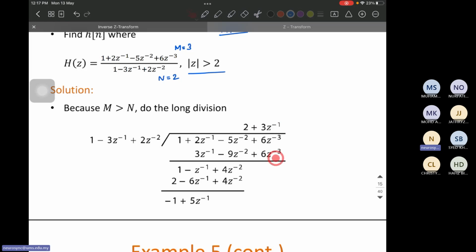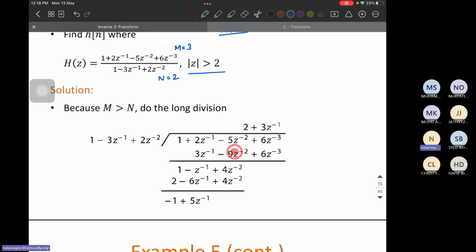This is 6 z to the power minus 3, then minus 3 times 3 is minus 9 z to the power minus 2, and this is z to the power 3 into z to the power minus 1. Now, if you do the subtraction here, this term is 0.